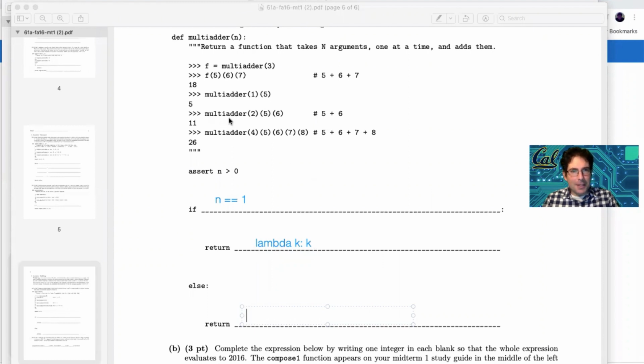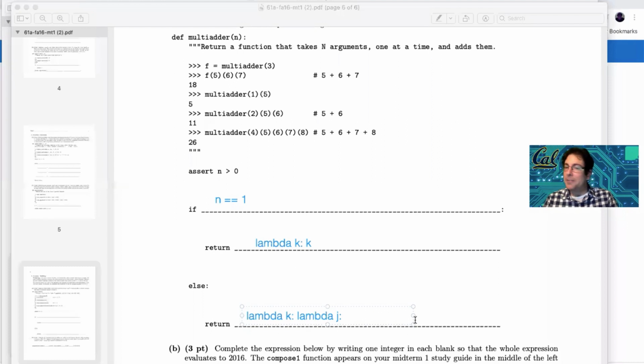The more complicated case is this one, where if n is 2, then we need to return a function that takes some number, and that returns a function which takes some other number. Here I've built something that does what we want. When this is 2, we want to take in 2 arguments. And if this is 4, then we want to take in at least 2 arguments.